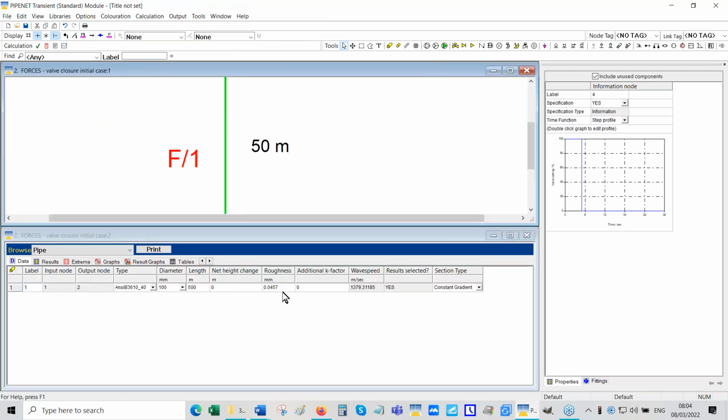See here, PIPENET shows you the wave speed here. So the pulse travels at this speed from the valve to that second elbow. And that's what we're considering here.